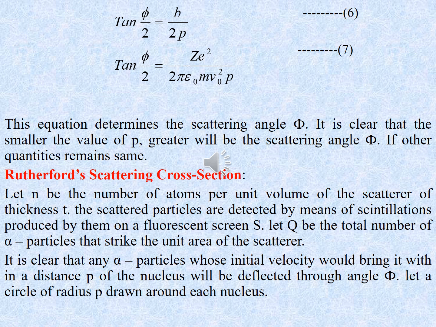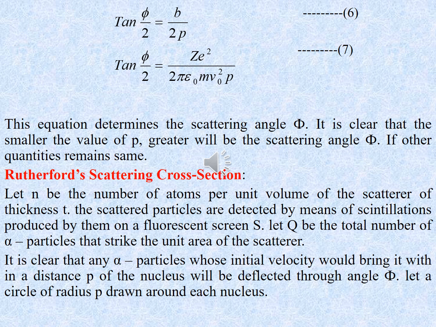Let small n be the number of atoms per unit volume of the scatterer of thickness t. The scattered particles are detected by means of scintillation produced by them on the fluorescent screen S. Let Q be the total number of alpha particles that strike the unit area of the scatterer.